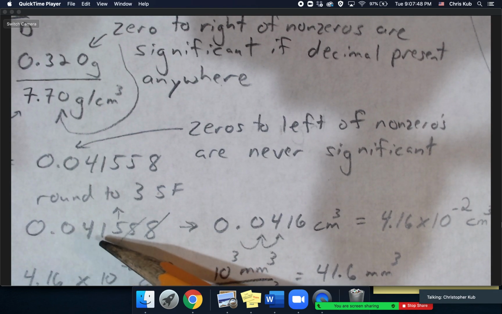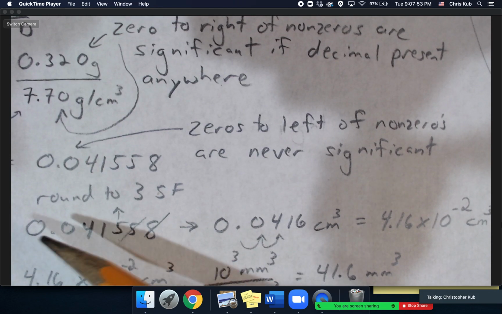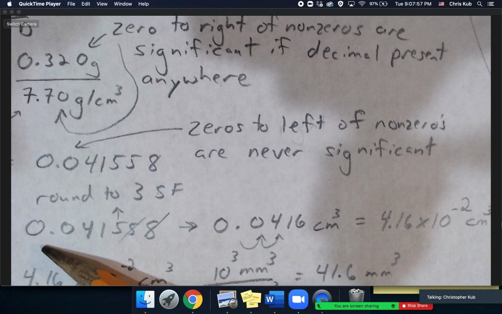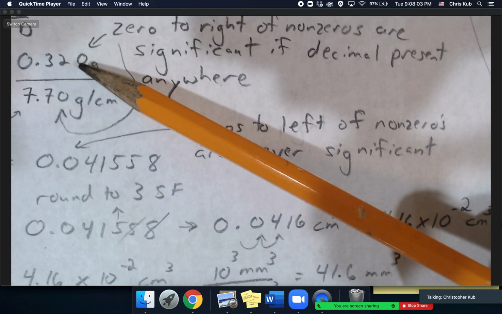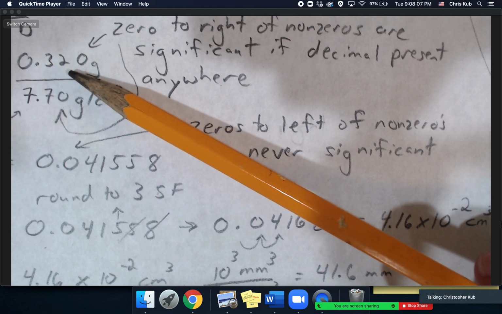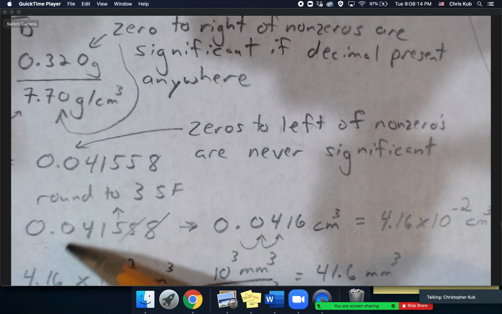Why am I using these as my significant figures, and why not this 0 or that 0? Zeros to the left of non-zeros are never significant. But zeros to the right of non-zeros are significant if there's a decimal shown anywhere. So these zeros are not significant.